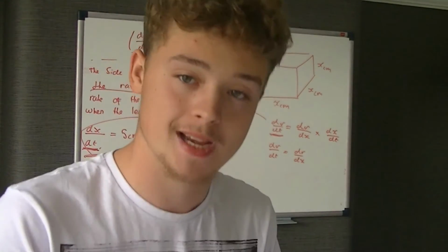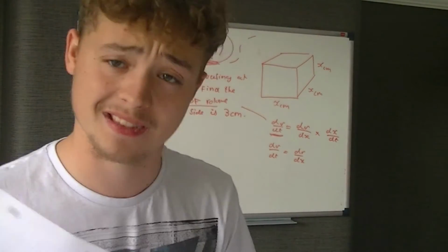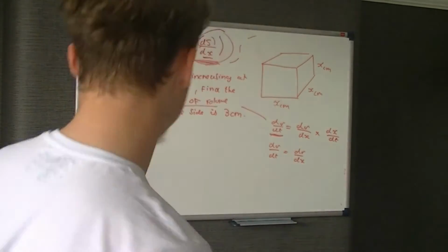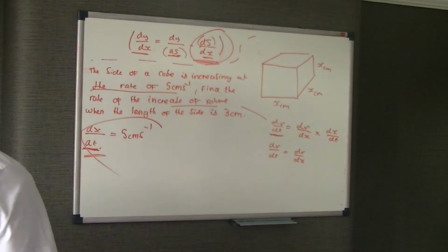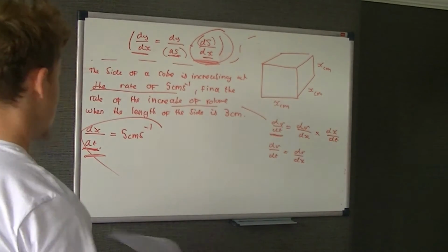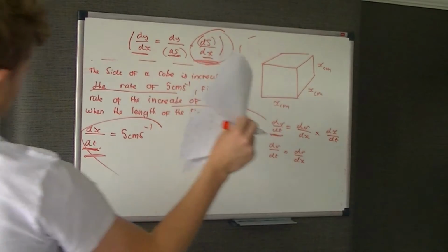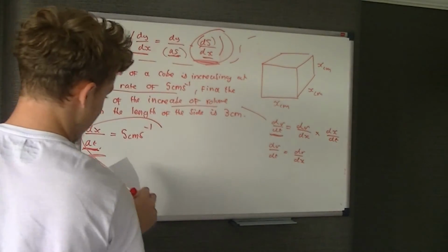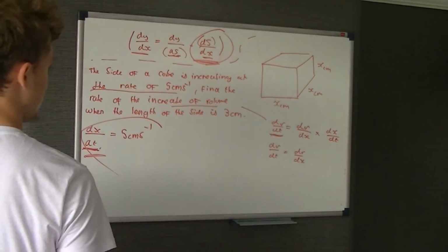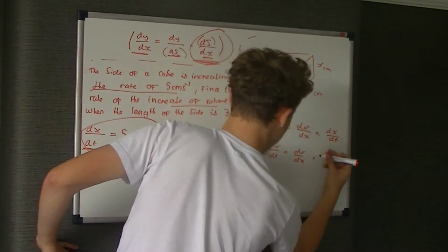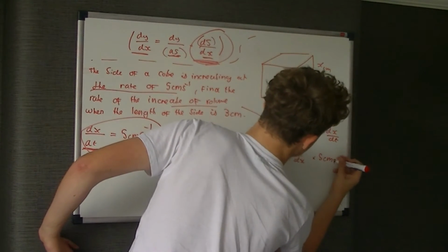Now we said one of the sides was equal to x centimetres, and the side of the cube is increasing at the rate of 5 centimetres per second. And we know x, we know dx by dt, so we sub it in over here. So that's times 5 centimetres per second.